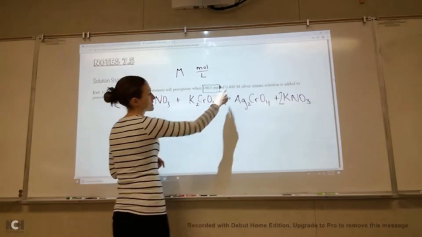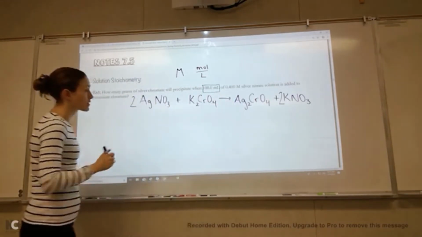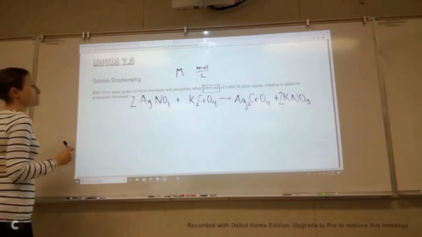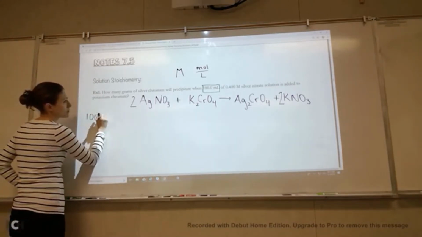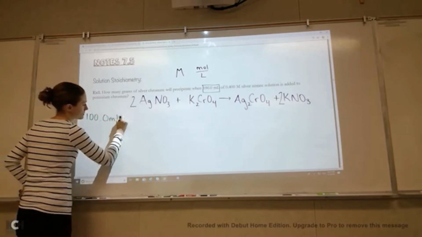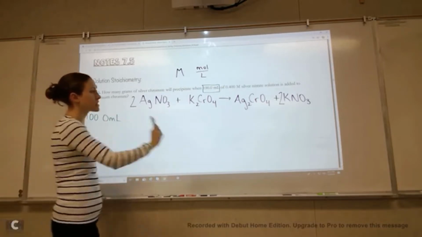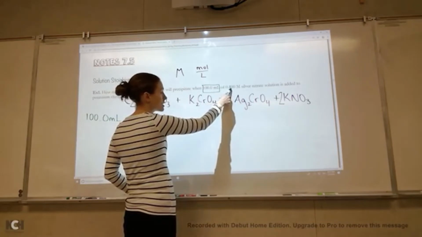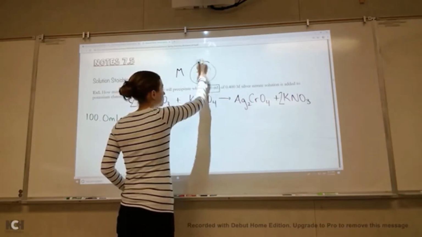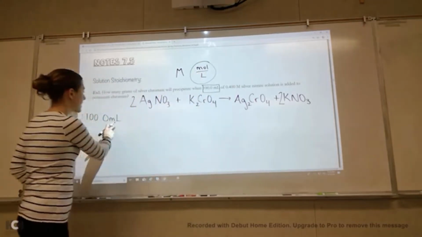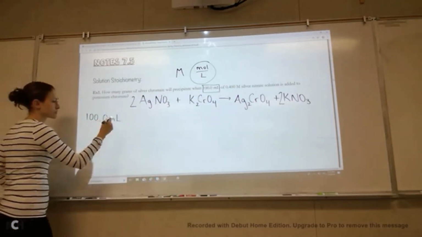And I know that because I'm going to be using the molarity, the concentration, as my conversion factor. So I'm going to start off with 100.0 milliliters. Now, keep in mind, I just said I'm going to be using my concentration as a conversion factor. Well, to use this conversion factor, moles per liter, I've got to get my milliliters into liters first.